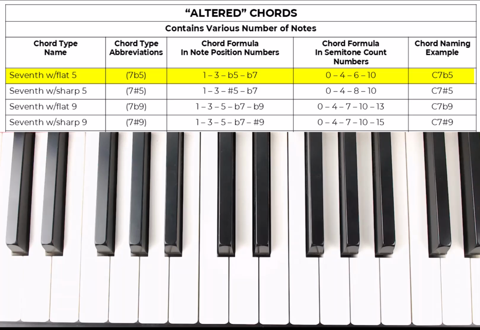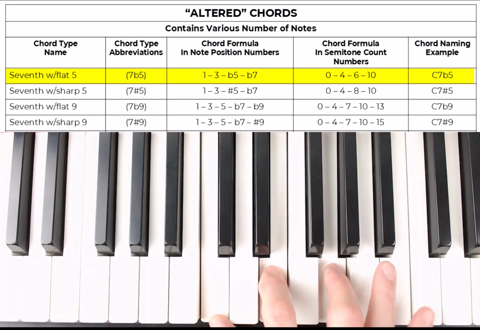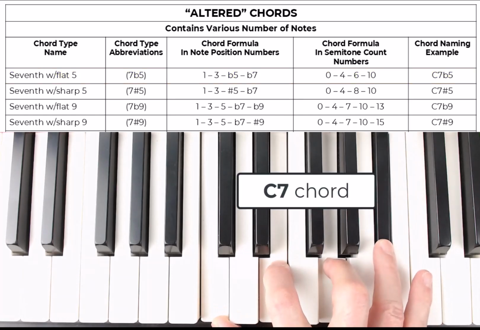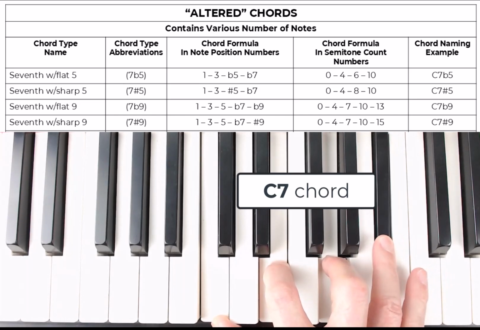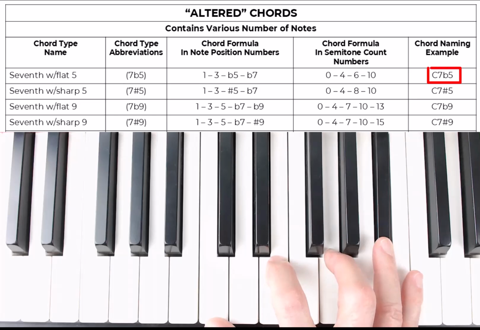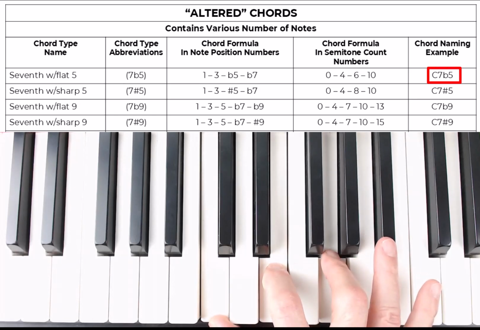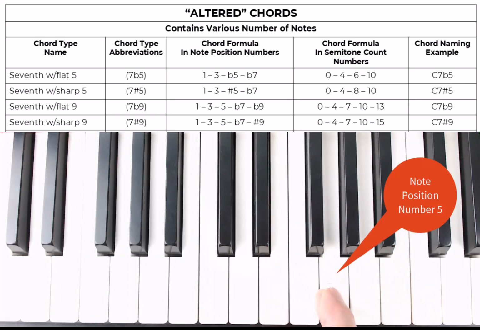So if we first form a C 7th chord, that means the 7th is actually the flat 7 note position, or the number 10 semitone count. If we start there, then by its altered name, it says let's have a flat 5. Well, we break this down. That 5 is talking about note position number 5, which is here.